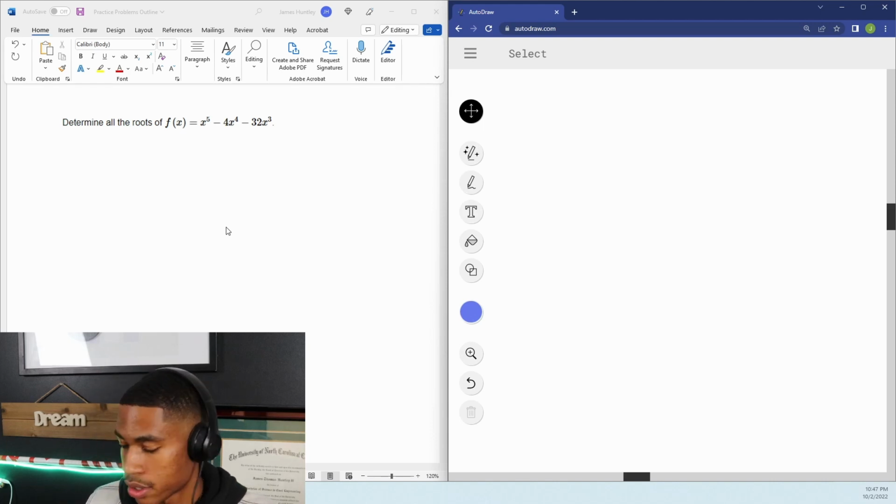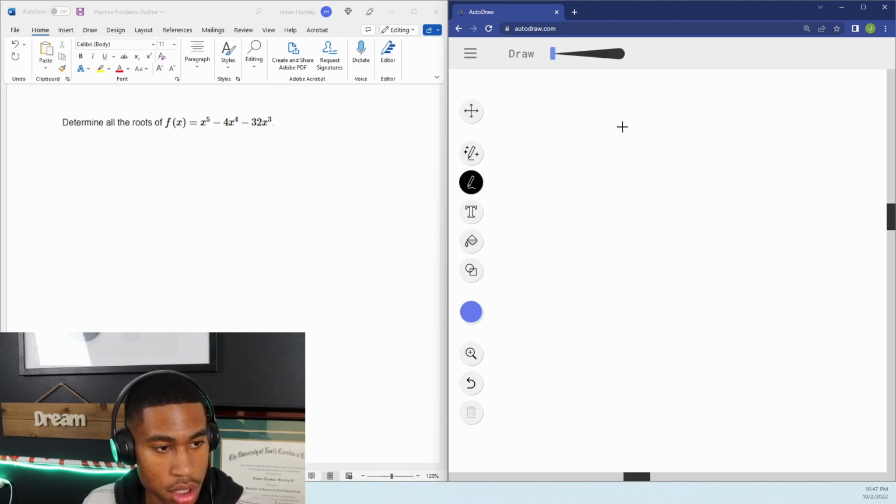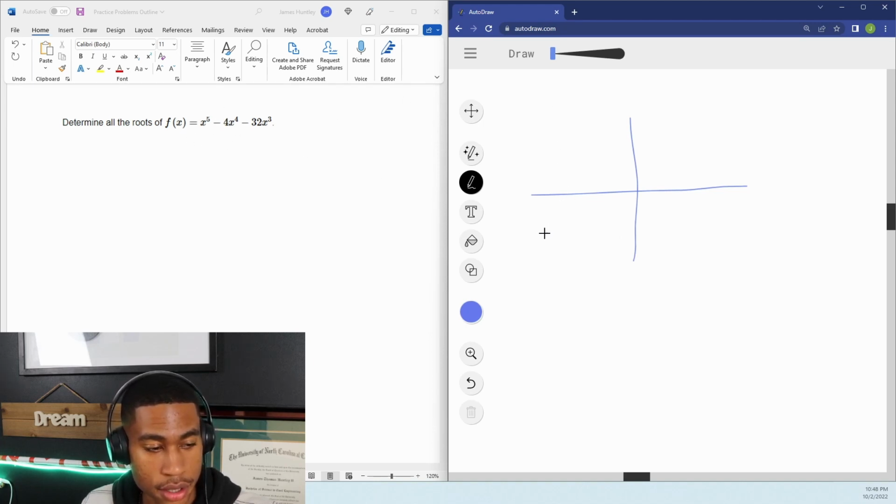So I just want to put this in perspective for you. Let's just say we're going to use a chart for an example. This function could be doing something like this, right?